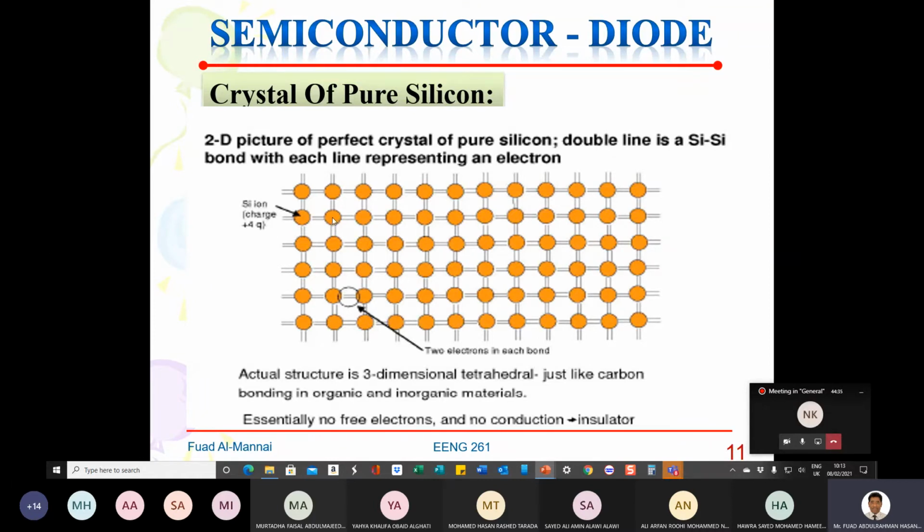Remember that the nucleus is plus 4 because of the 4 electrons in the outer shell. And you can see this one when the temperature is very low, 0 Kelvin. At 0 Kelvin, you can see that the pure crystal is formed like this, and there are no electrons wandering around.